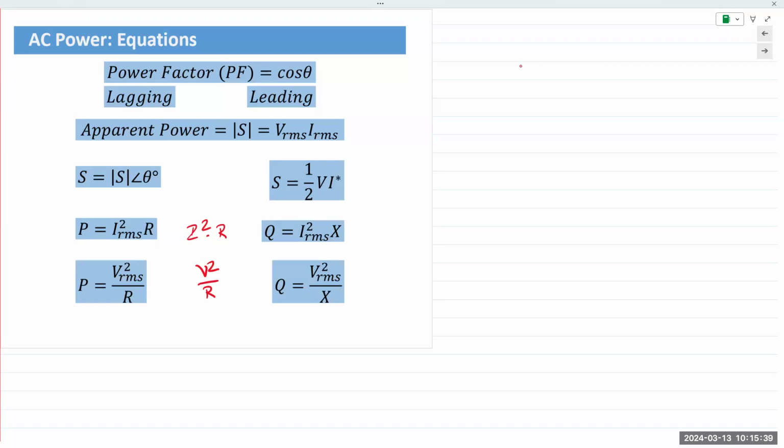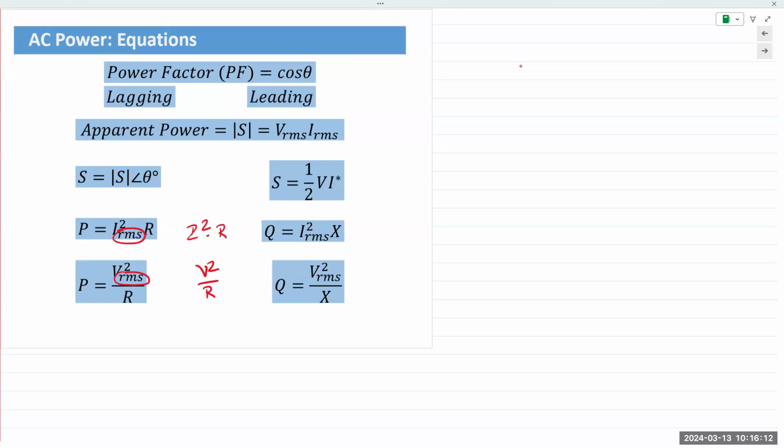For an AC circuit, if you have R, L, and C, you would use the RMS values for the voltage and current of that particular component, and the equation would still have the exact same form. So for a resistor in an AC circuit, the power would be given by the RMS value of the current or the RMS value of the voltage: I RMS squared times R and V RMS squared over R.